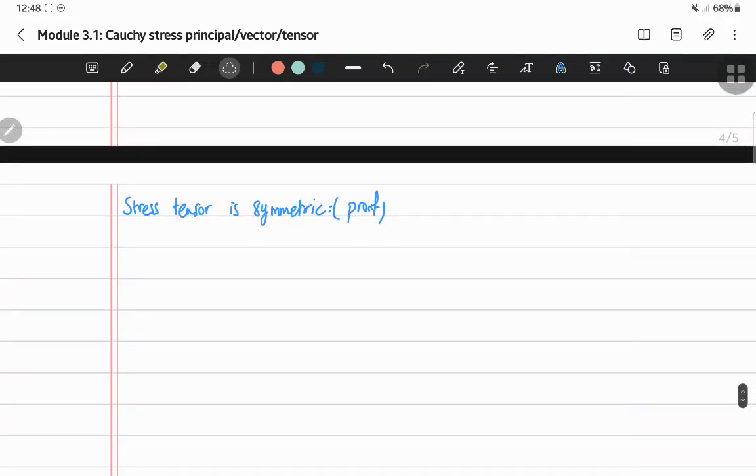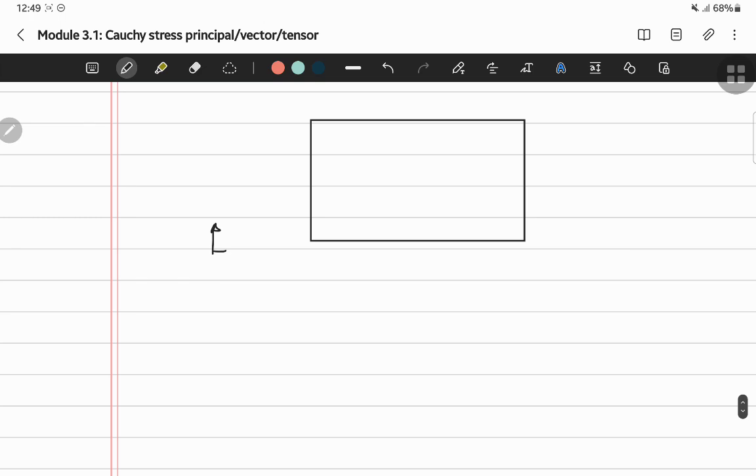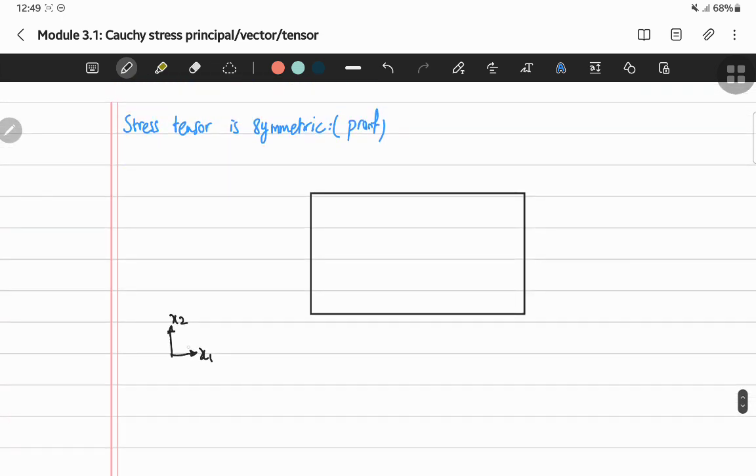All right. So let's assume that you have a component here, you have an element here, for example, and this is your coordinate. Let me just write it here. So we have x1 and x2. So we are in the plane x1, x2, and here we have, for example, T11.